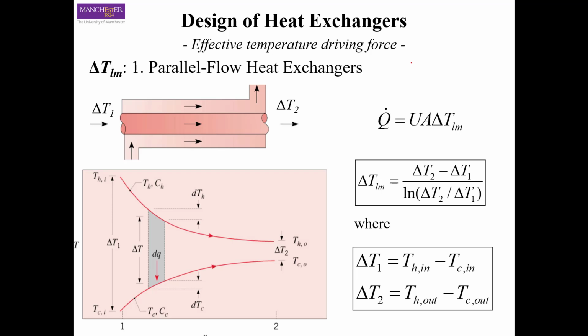If you define again your temperature length scale graph, you can draw the temperature profile like this. Again you define your delta T1 and delta T2 on the two ends of the heat exchanger, and then you have the values here. If you put the values in this equation at the top, you can calculate the log mean temperature difference for parallel flow.